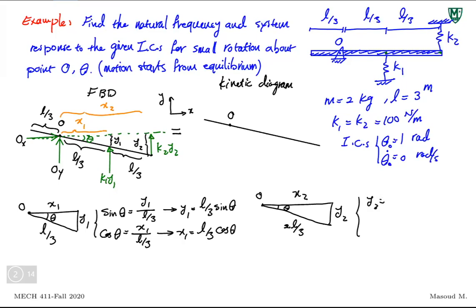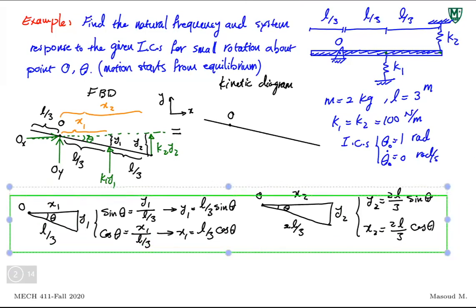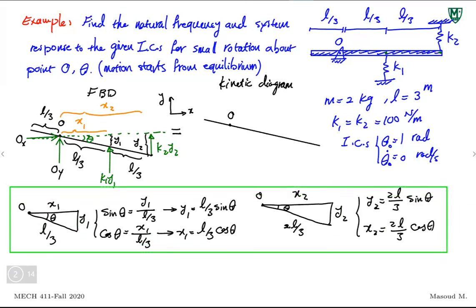You'll get y2 would be 2L over 3 sine theta, and x2 is 2L over 3 cosine theta. Okay, let's keep these here. So I could write some geometrical parameters based on theta, which was what I wanted. I'm just going to keep these here, separate them. This is what I wanted to achieve, and I achieved that goal.